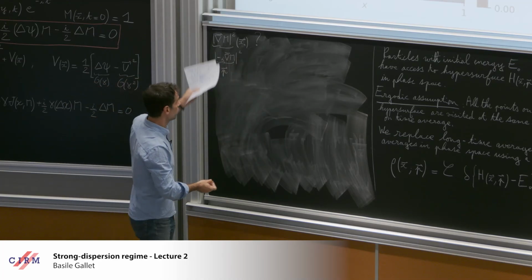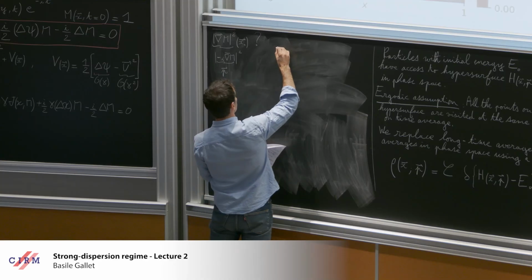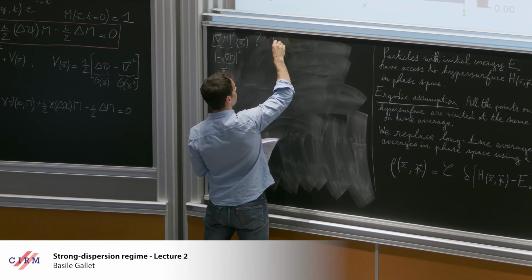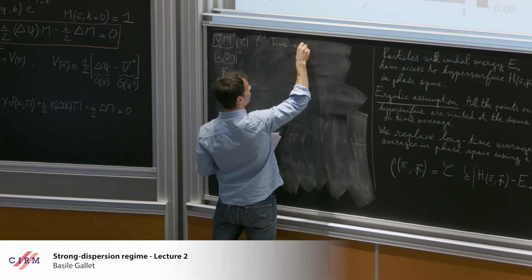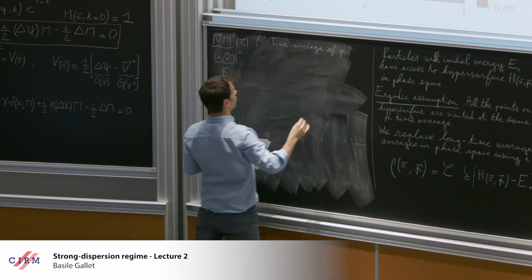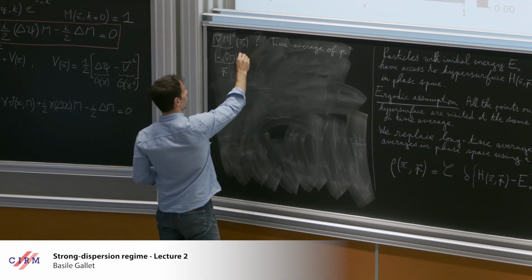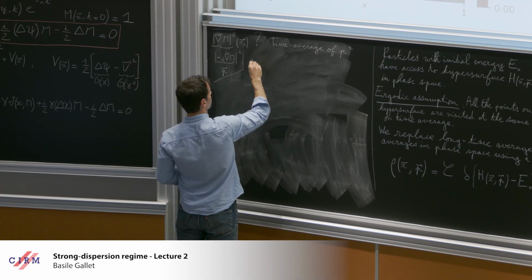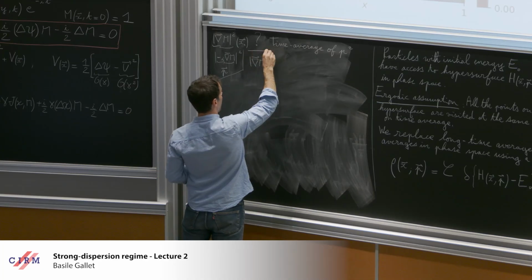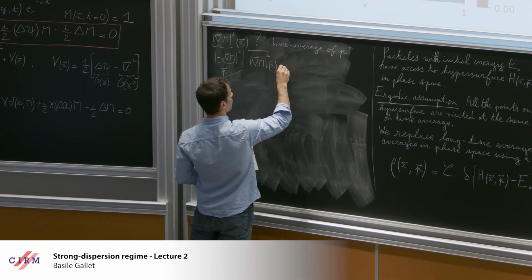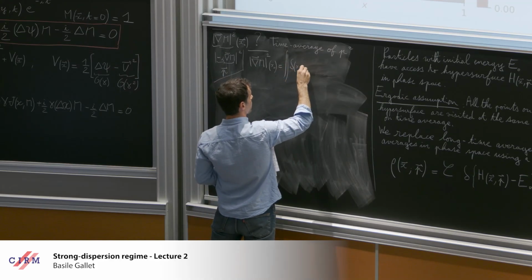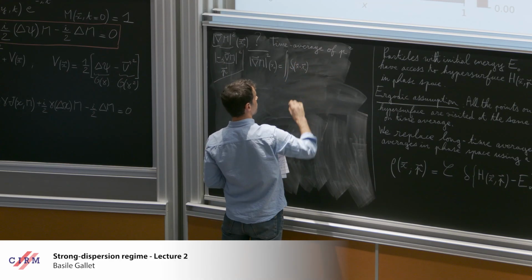So the classical equivalent in the classical limit is now I want to know the time average of p squared. And so this quantity here, grad m squared average at some x0, I will say that it's the average in phase space, delta of x minus x0, looking at position x0.